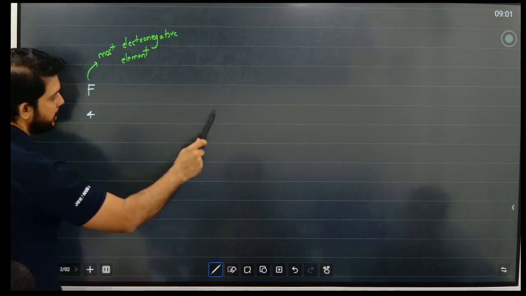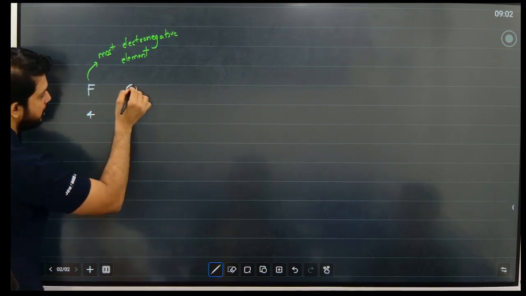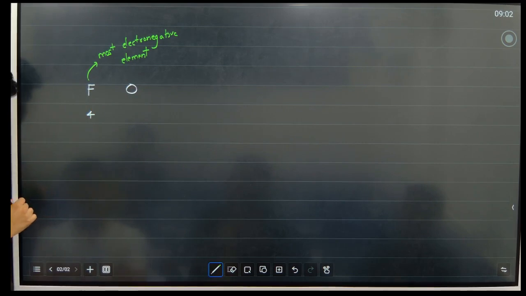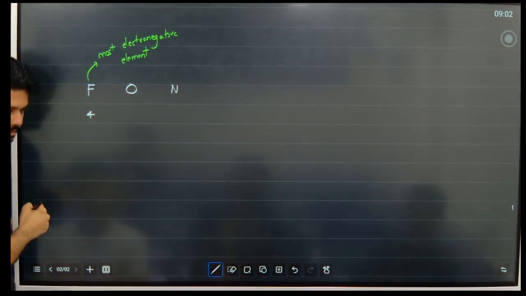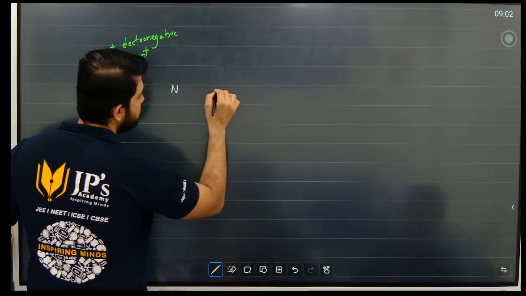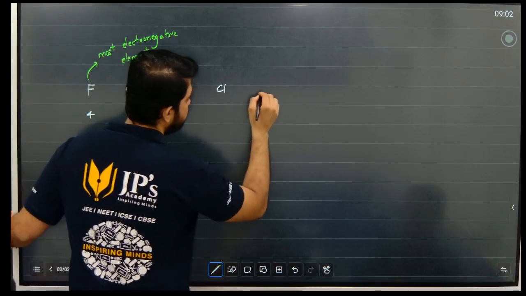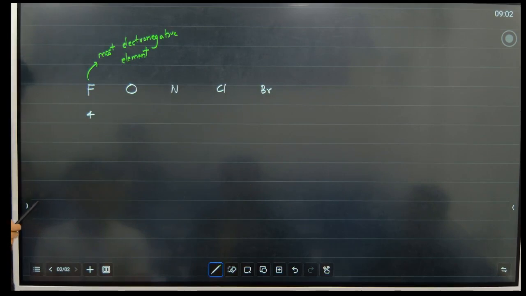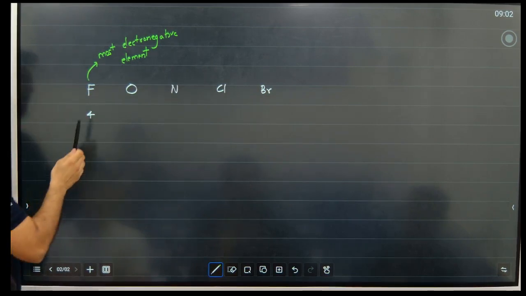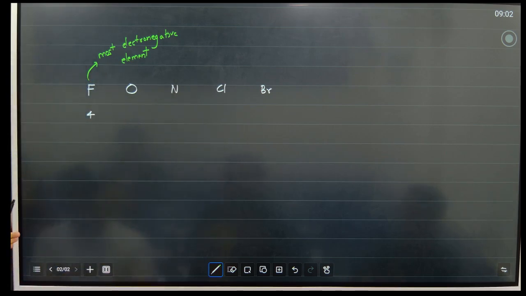But in the periodic table, the most electronegative element is fluorine, followed by oxygen, then followed by nitrogen, then we have chlorine, then we have bromine. ठीक है. So first 4 elements याद रख जाएंगे in terms of electronegativity, so that is also fine. ठीक है.